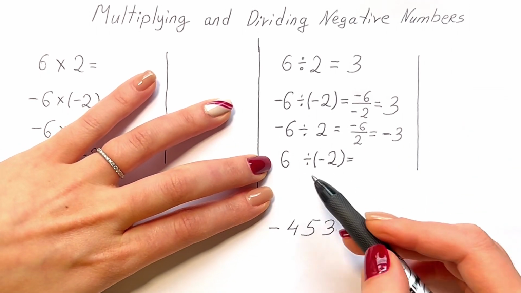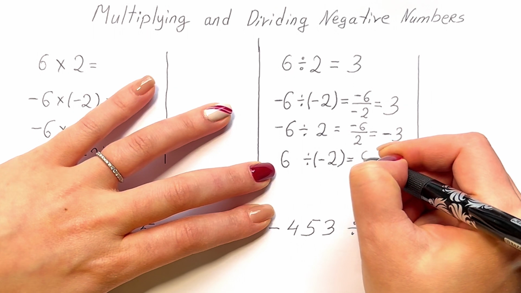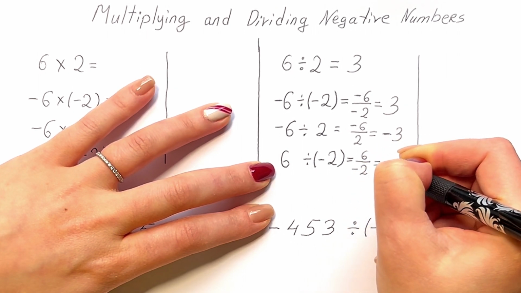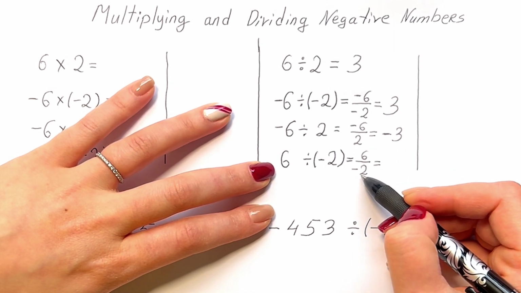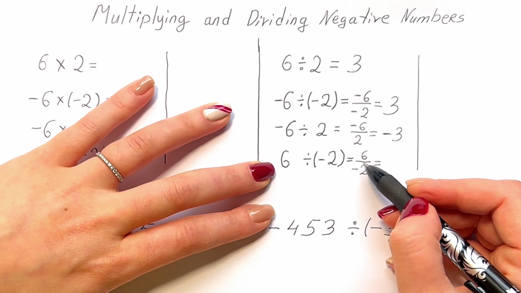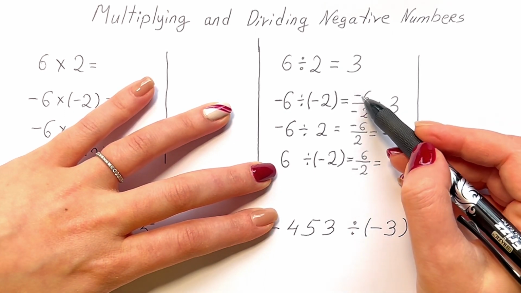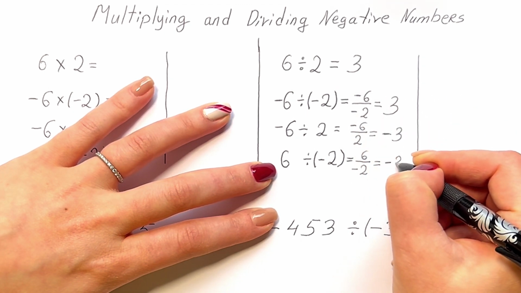What about positive divided by negative? The same way, I do not have a negative sign in the numerator, only in the denominator. I cannot simplify and cross them out together as we did here. So, the negative sign is going to stay there.